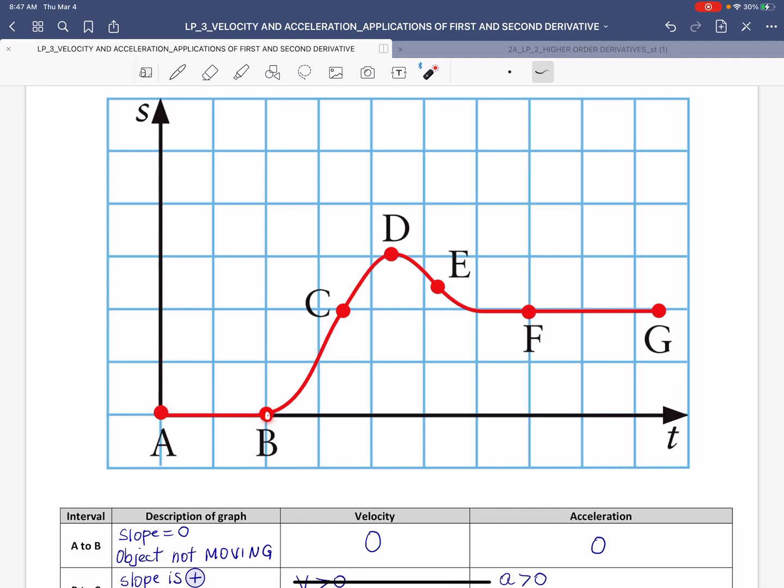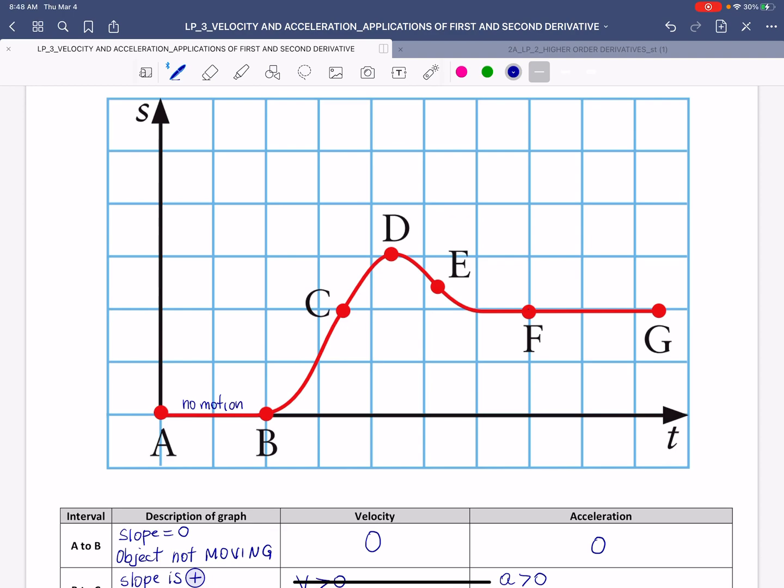And then the object starts changing the position, and it starts to go away from the initial point. So it starts with a smaller speed, but then the speed is increasing. In this case, we say that the object is speeding up. The speed is still positive, right, beyond point C, but it starts decreasing. When the speed is decreasing, we'll say that the object is slowing down. Okay, so no motion.